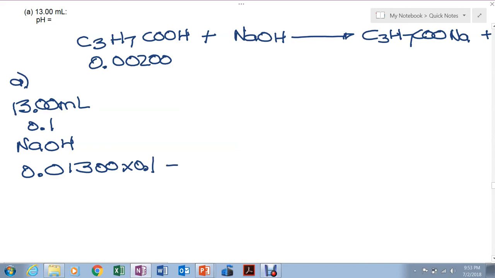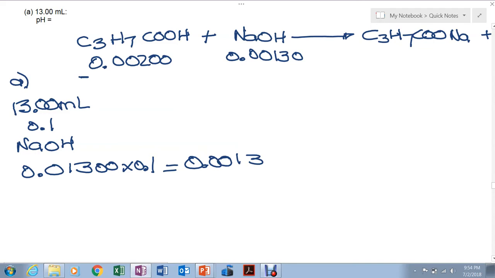It gives you 0.0013 moles of NaOH. So here would be 0.0013 moles. So you can see right away that we still have some acid left. So here the limiting reactant, of course, is the NaOH.